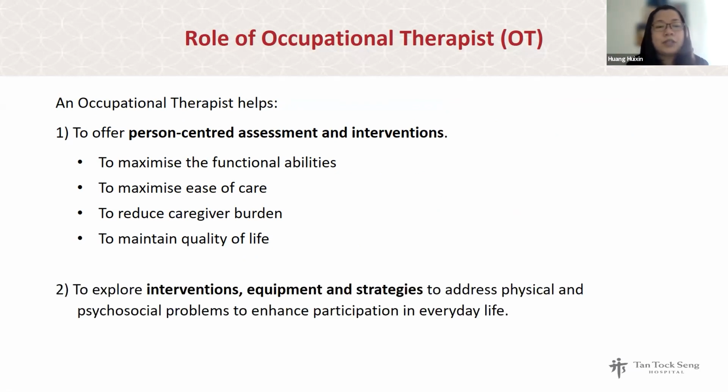We also explore different types of interventions, equipment, or strategies, or adapting how people do things, to address the different problems of the person and enhance their participation in everyday life. And most importantly, we empower the family, the caregiver, and the patient with resources as well.